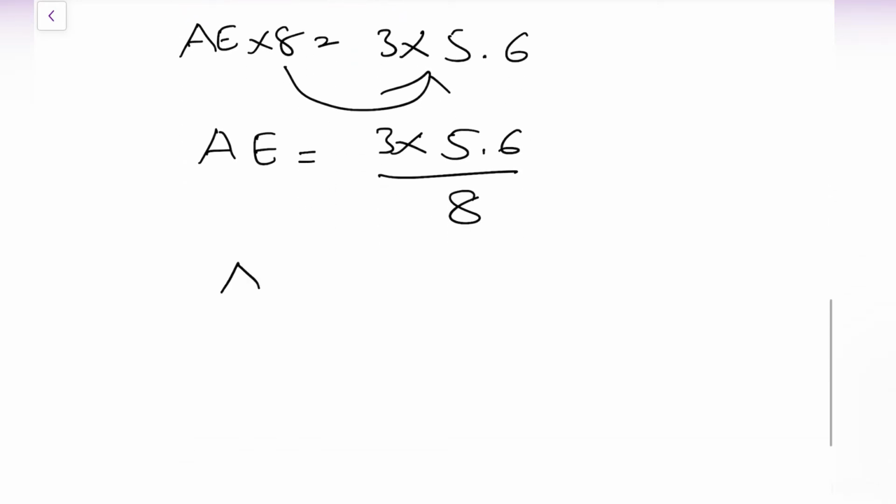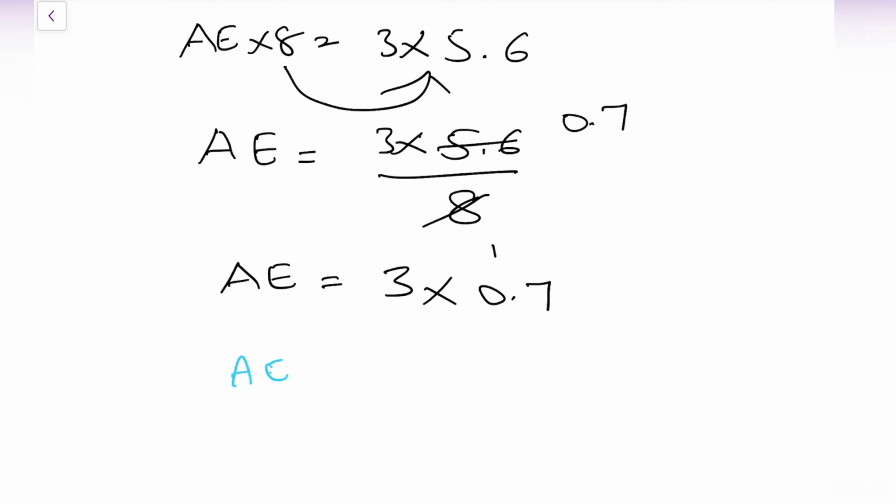So 8 ones are 8, 0.7s are 5.6. So AE equals 3 into 0.7, that is nothing but 2.1. If all the measurements they gave are in centimeters, you also write this in centimeters. If they didn't give anything, keep it like that only.